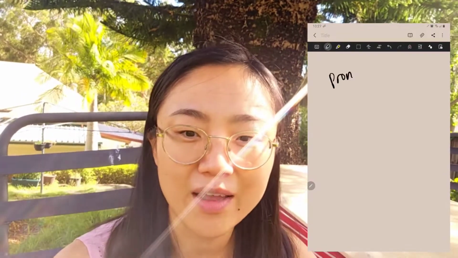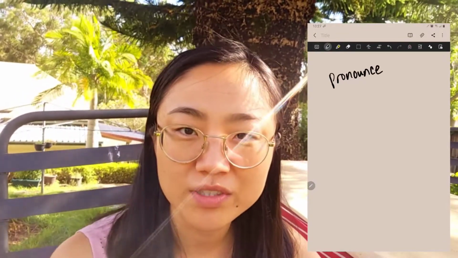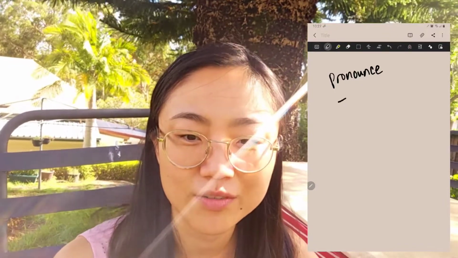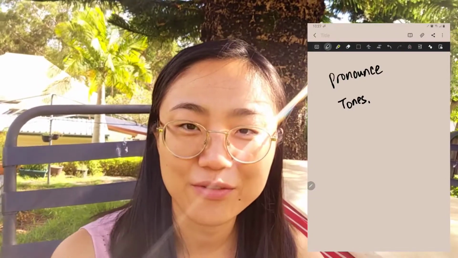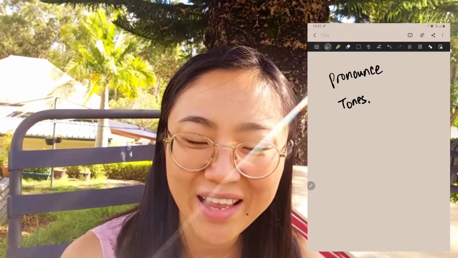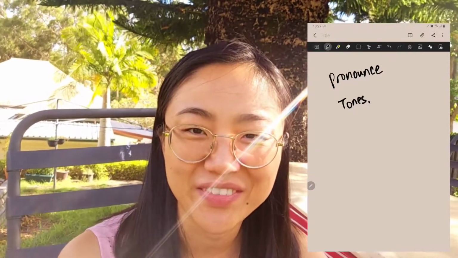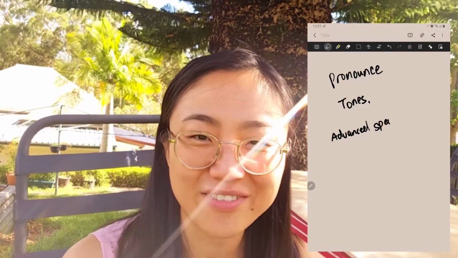Even advanced language learners might be able to translate books and write poems in Chinese at a very advanced level, but they still can't get their tones right. And when they give a speech, people will laugh at them.